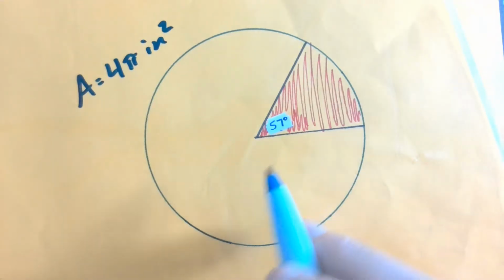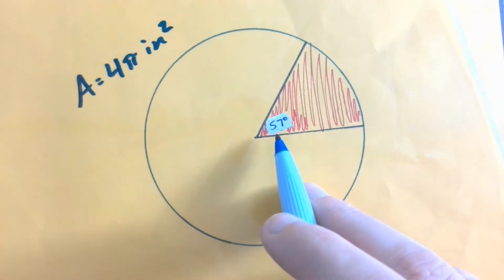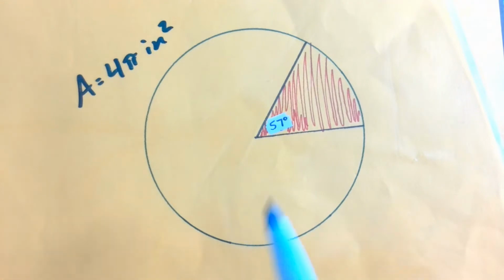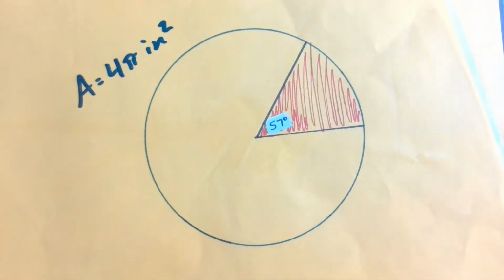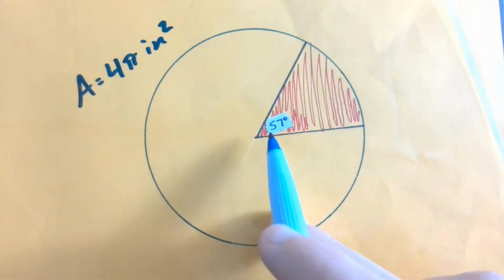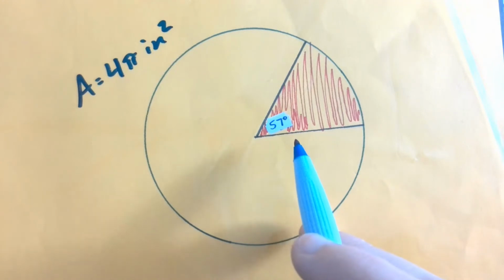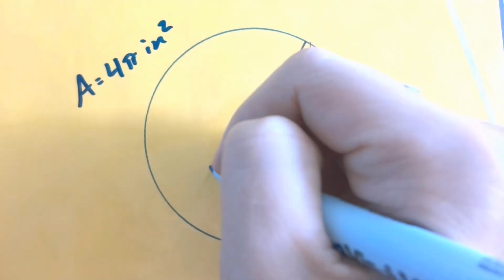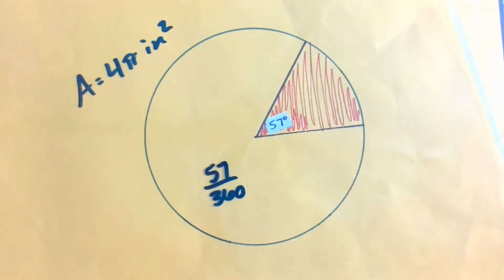So then moving to a central angle measure that is not as normal for us: 57 degrees for a central angle, trying to find the area of this sector. Now we get to that point where we're trying to figure out what fraction this is of the entire circle, and we've got to go back to that 57 degrees out of the total 360 for all of the central angles.